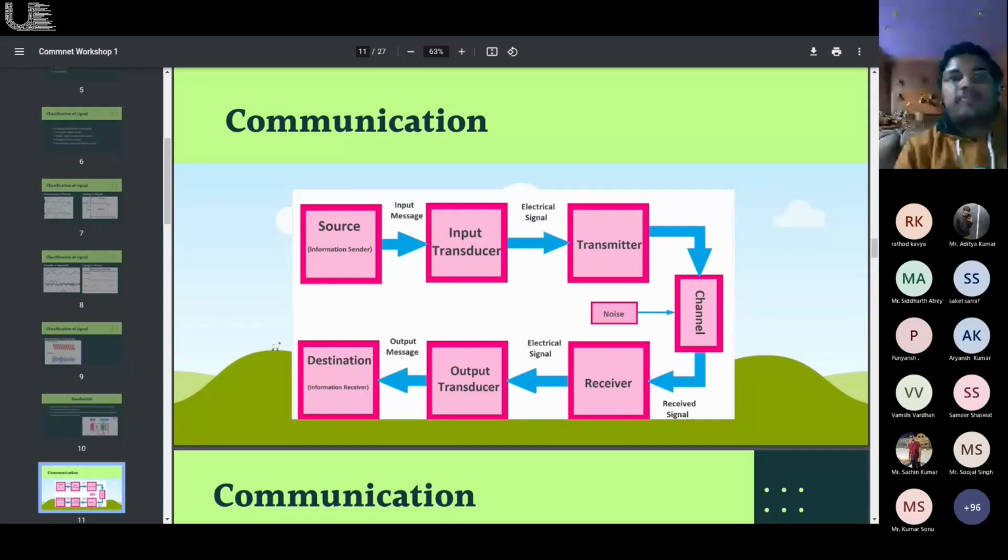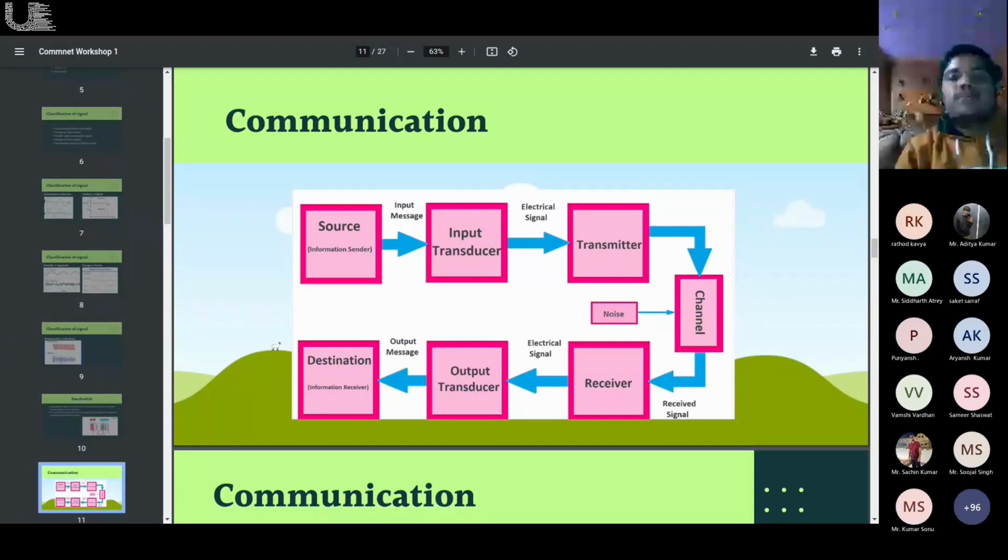When experiments and observations were done, it was found that when the signal is transmitted from one end to another using the atmosphere or space, there is so much noise. When this noise is added to the channel, it distorts our signal. So whatever signal we are sending, we get something different on the receiver side.